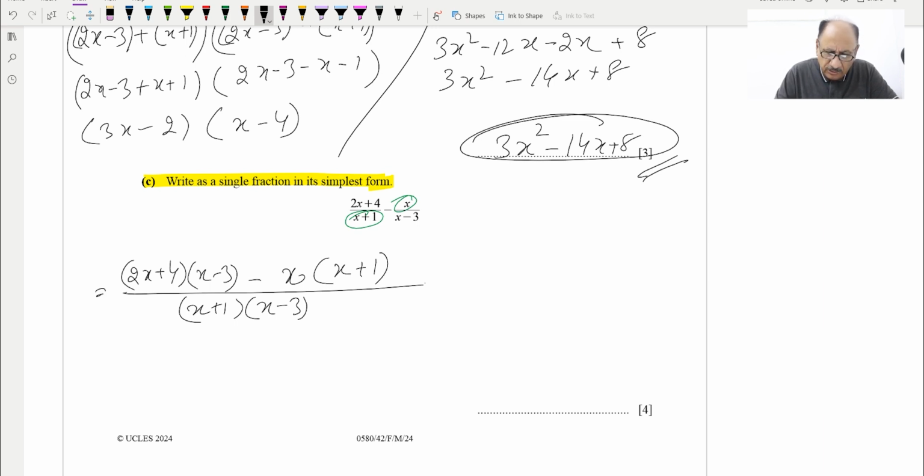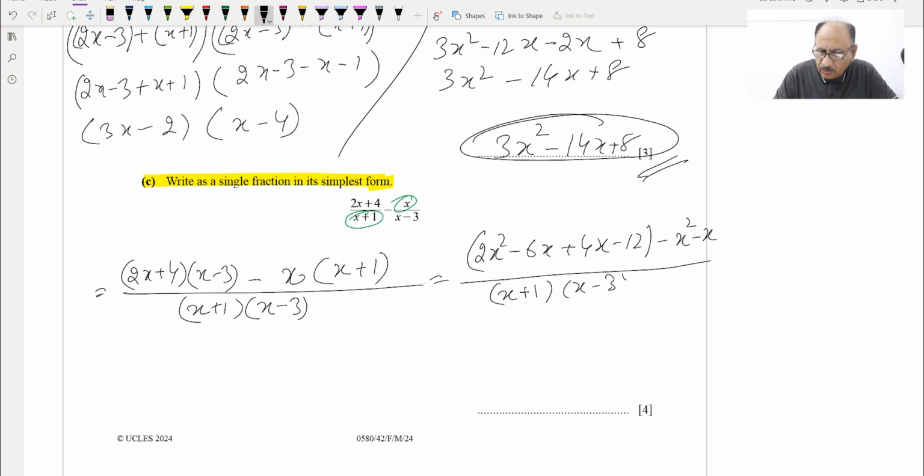That's all. Now we need to just open the numerator, and the numerator will be 2x into x will be 2x square, and then 2x multiplied by minus 3 will be minus 6x, 4 multiplied by x plus 4x, and then minus 12. 4 multiplied by minus 3 will be minus 12, and the second thing will be minus x square and minus x. The denominator we will not open the bracket, we will be copying it as it is.